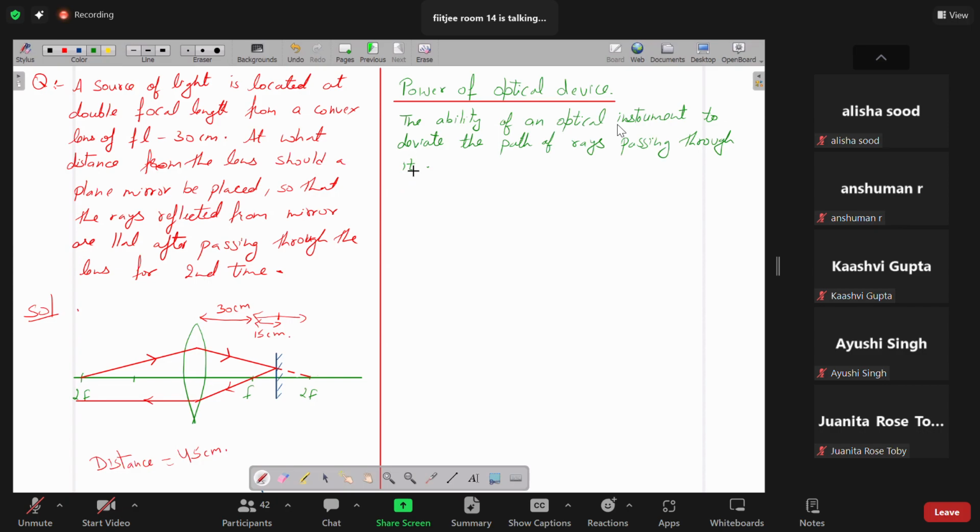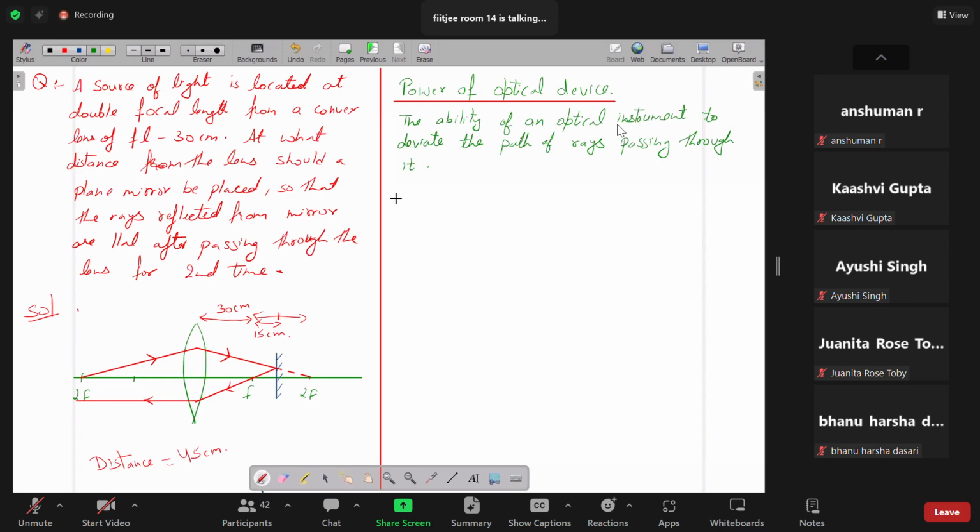Okay. So if the rays are converged by the optical device, we'll say that its power is positive, and if it is diverged, the power will be negative. Okay.